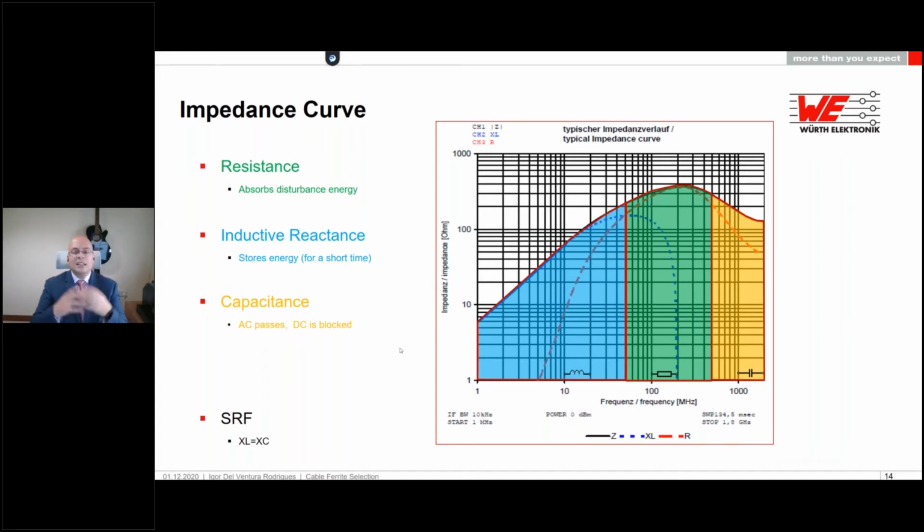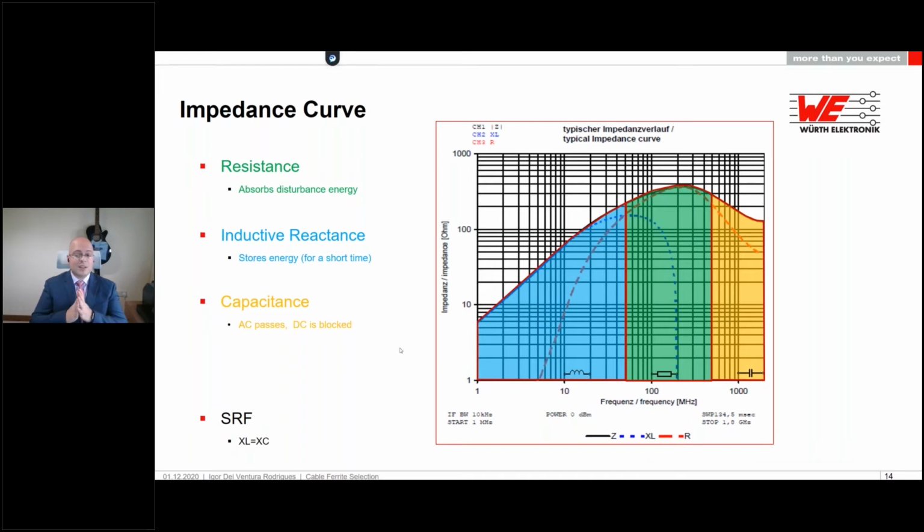Okay, ideally a ferrite would be purely resistive across the whole spectrum, but there's no way of doing that because the component is not perfect. They always have parasitics. Okay? And one of the parasitics will be the capacitance.